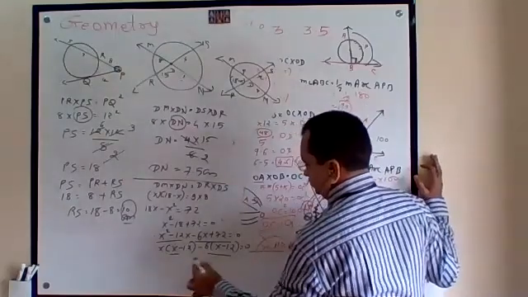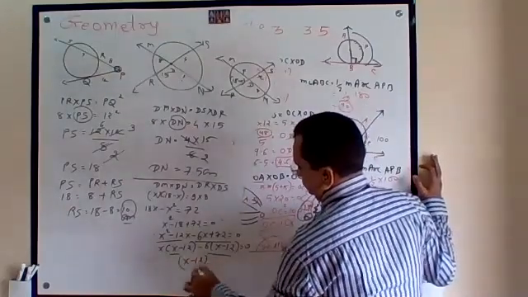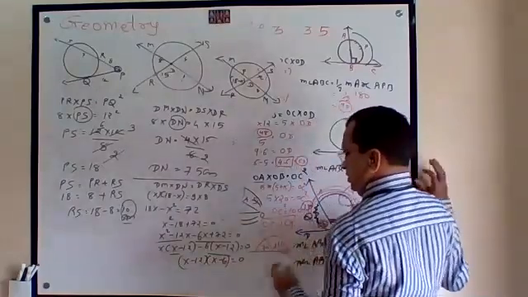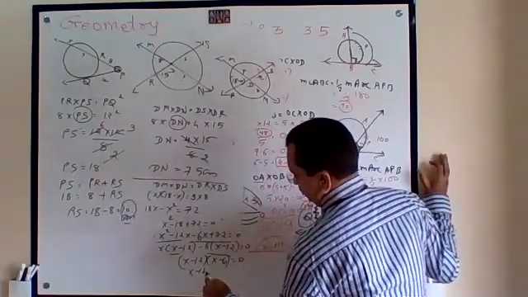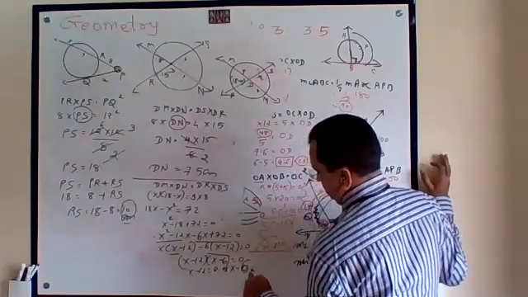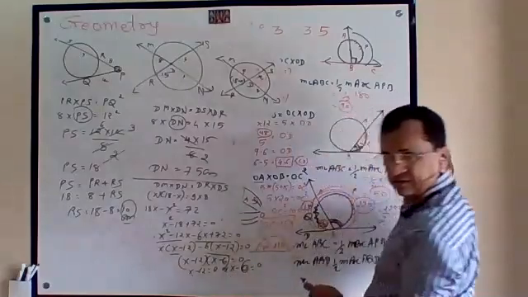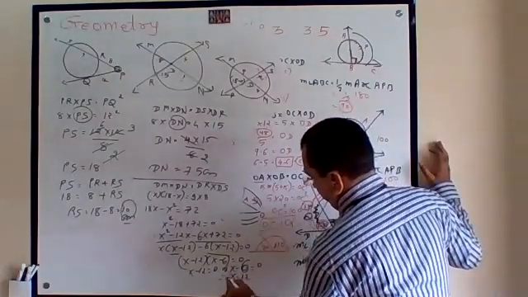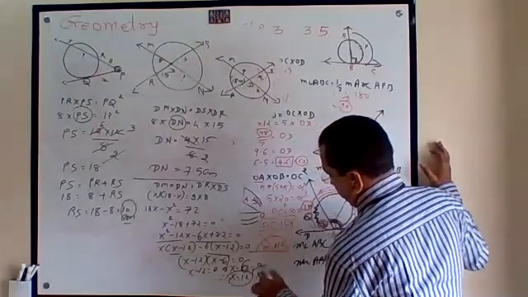Correct. So x minus 12 is equal to 0 or x minus 6 is equal to 0. Therefore, x is equal to 12, x is equal to 6.